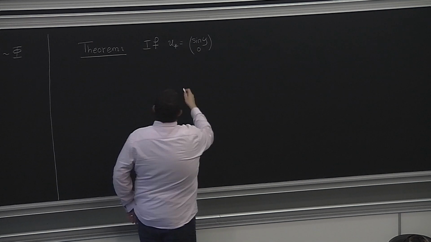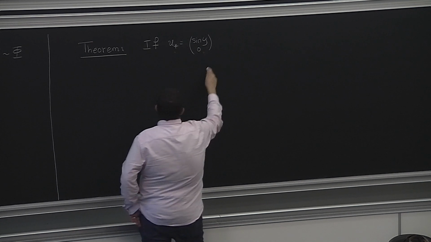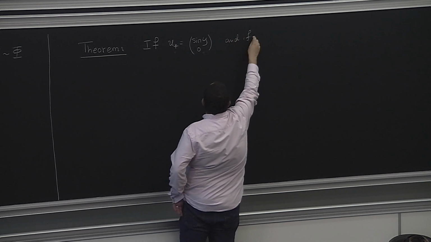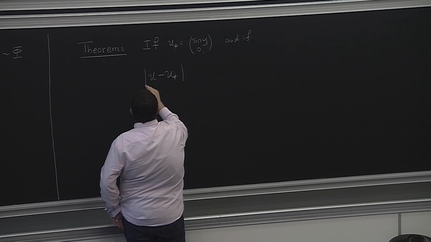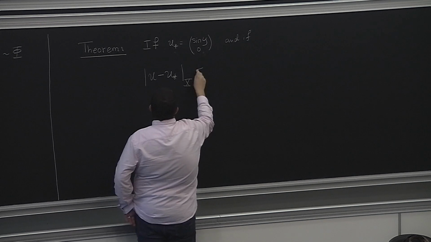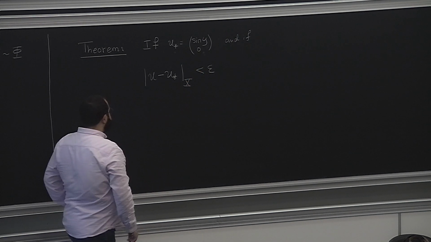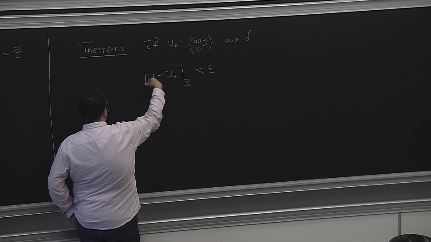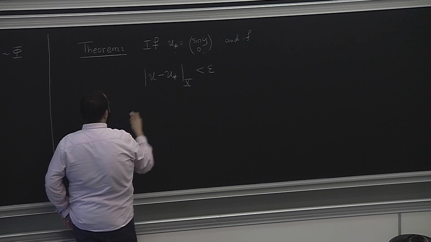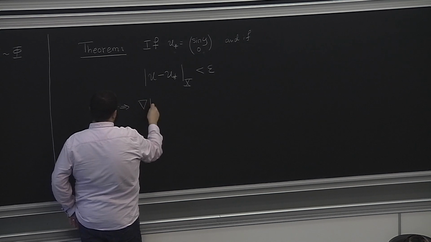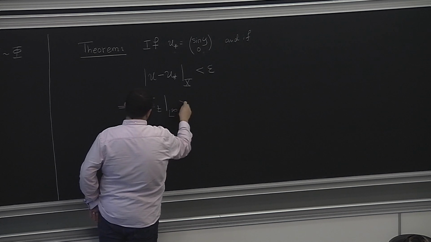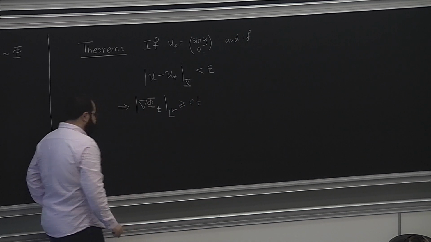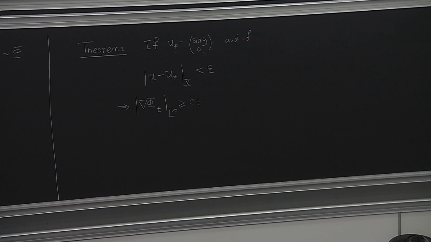It's fine. So if u star is sine of y comma 0, and if u minus u star is small in x and epsilon, I'll tell you what x is, and u is any time-dependent velocity field just satisfying this, then the gradient of the flow associated to u grows like a constant times t.